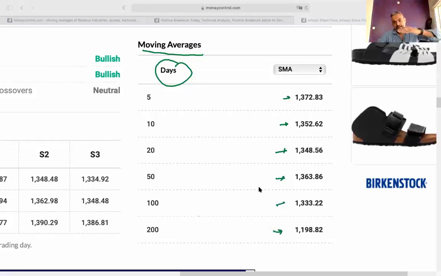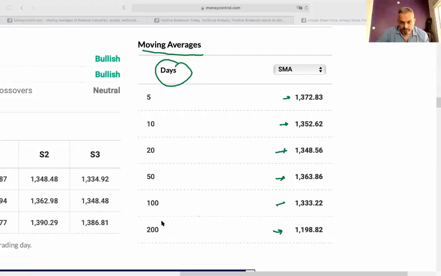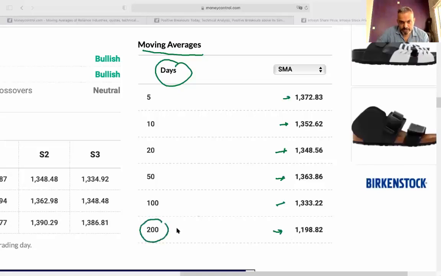For 200 days, we total and divide by 200, and we get this price. This is used in the stock market. The 200 DMA in the stock market is very popular. It is known as the 200-day moving average.